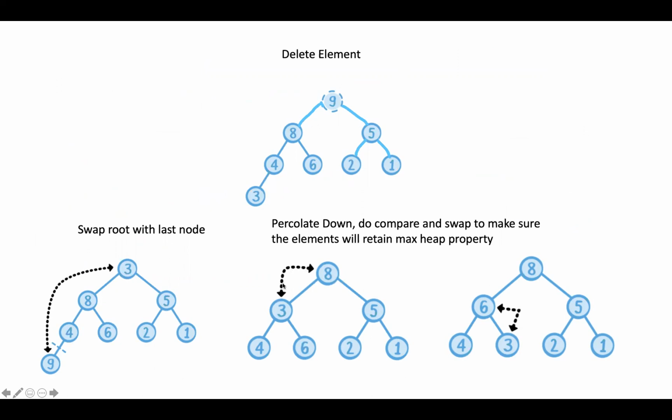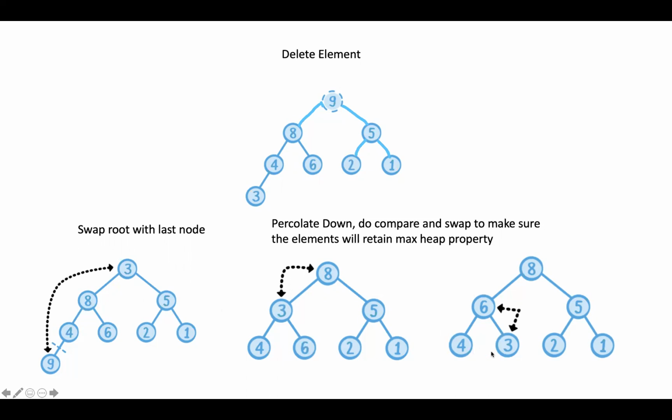We keep checking among 8, 3 and 5 which element I have to move down, and this way I will be able to achieve my max heap property. So among 3 and 8, 3 will be moved down and 8 will be moved up. Again 3 will be checked with 4 and 6, so 6 will be moved up and 3 will move down.